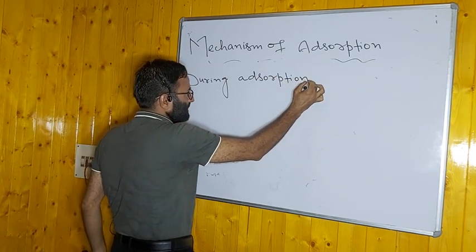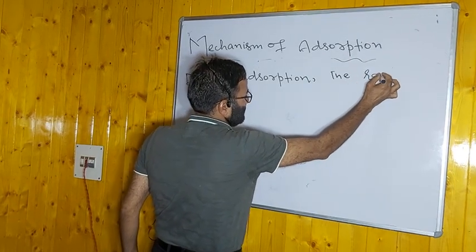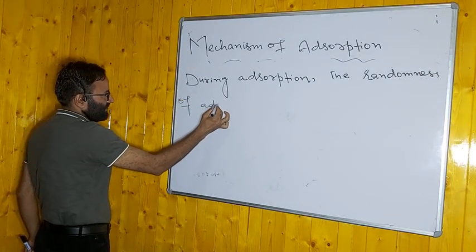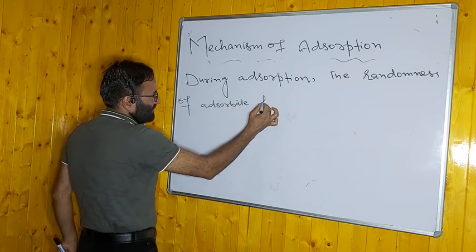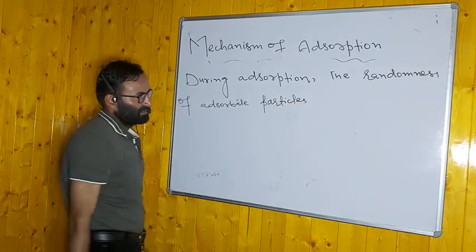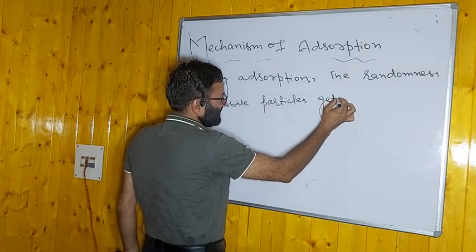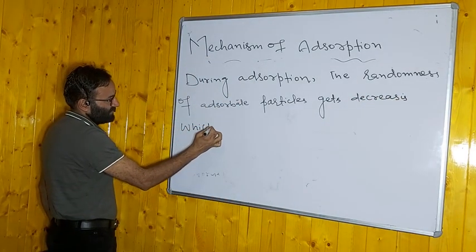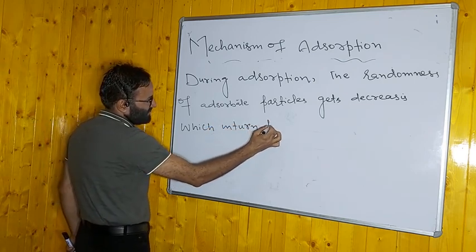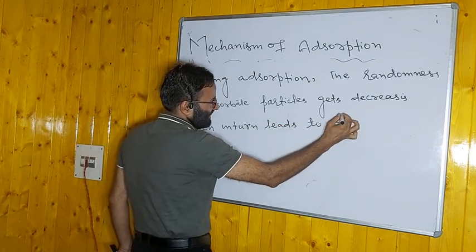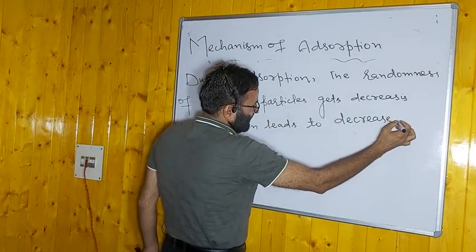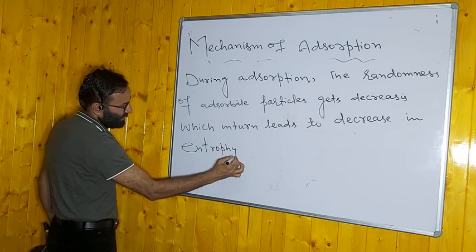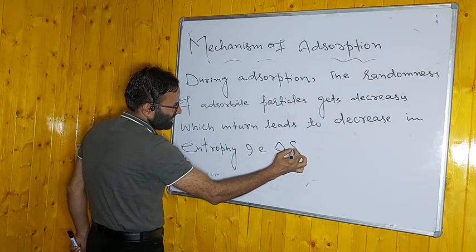During adsorption, the randomness of adsorbate particles gets decreased, which in turn leads to a decrease in entropy, that is, delta S is also negative.